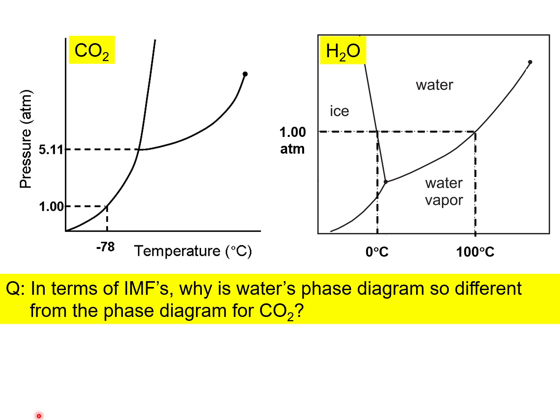So something else we also, in order to answer that, especially since we're talking about intermolecular forces, we have to think about the Lewis structures. So here we have the Lewis structure for carbon dioxide. There we go. And so this is completely symmetric.